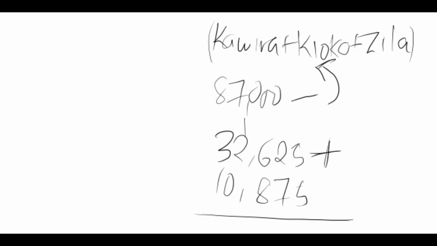We have 5 plus 5 is 10, carry 1. 2 plus 1 is 3, plus 7 is 10, carry 1. So we have 6 plus 8 is 14, carry 1... then 2 plus 1 is 3. Then we have 4. So we have 43,500.